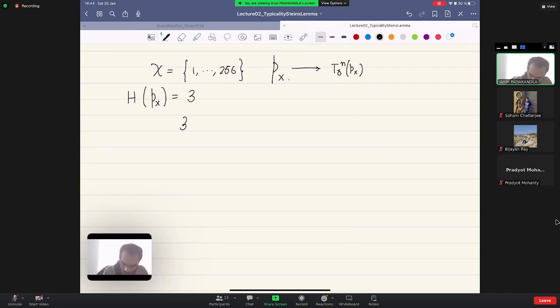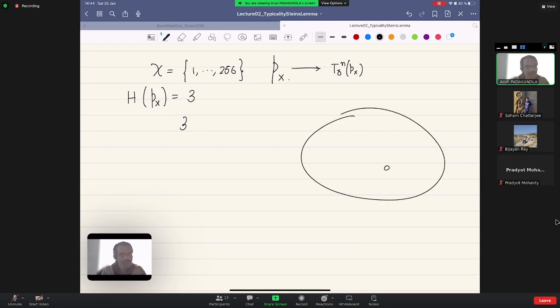So you wait for your stock price for a long period of time, and that with very high likelihood will fall within this typical set, and you would have indexed each one of them. This size is only 2 to the power 3n, so you would have used 3n bits to index each one here.